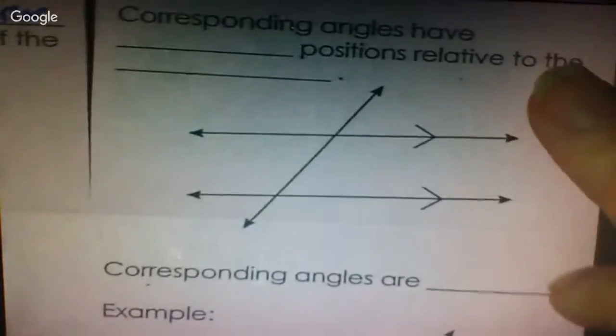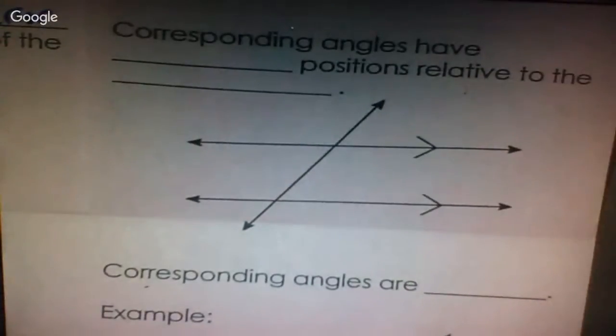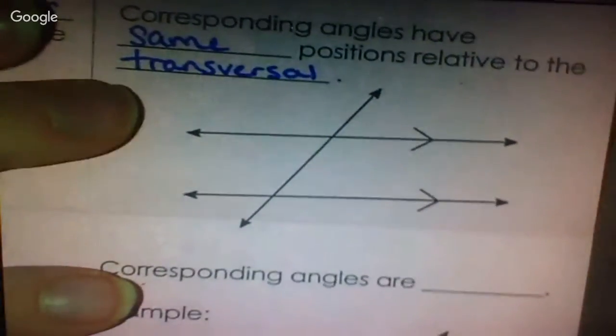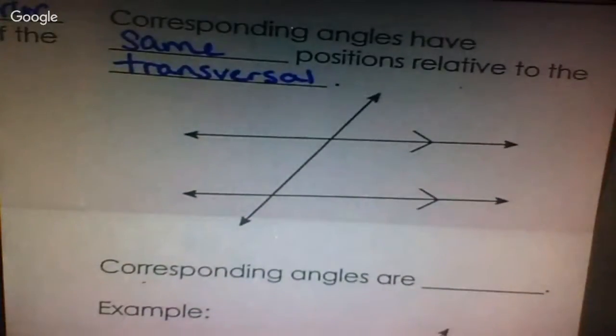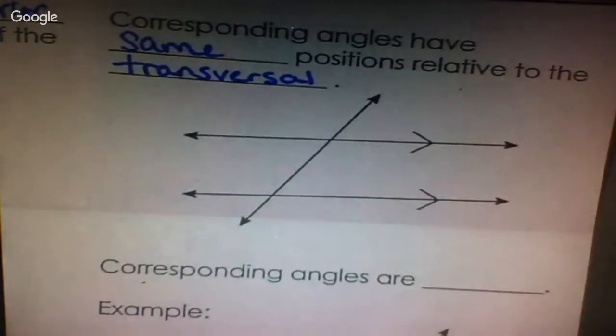Corresponding angles have the same positions relative to the transversal. This is the one where if I have one angle in the top group of 4, the corresponding angle has to be in the bottom group of 4.